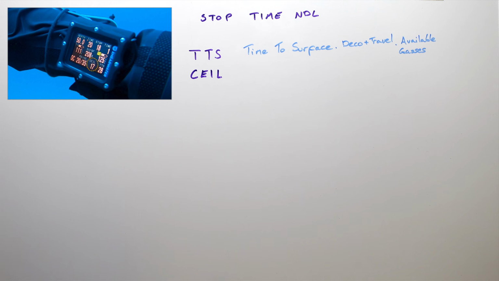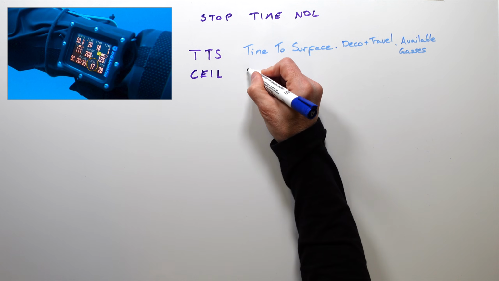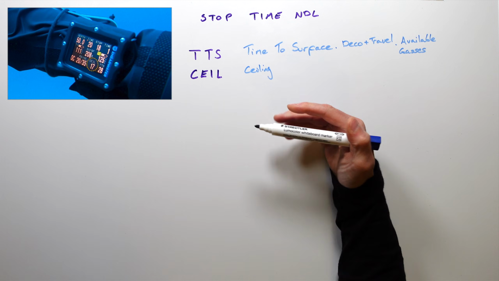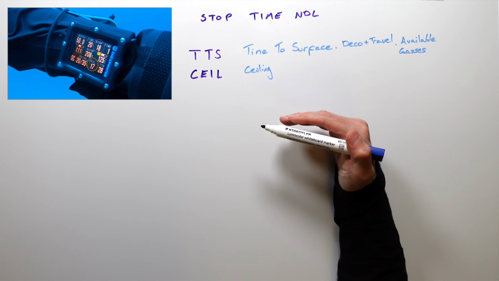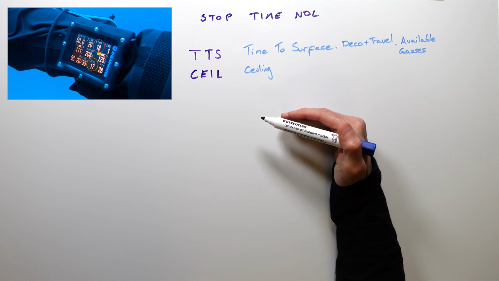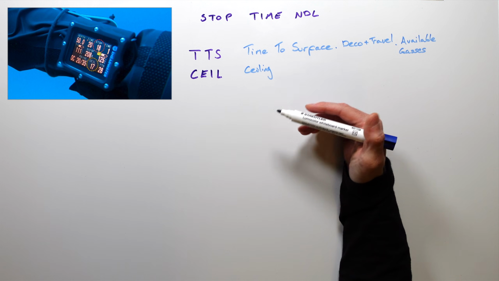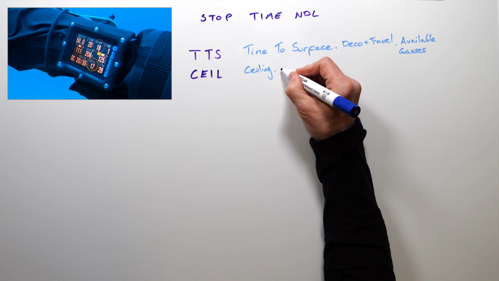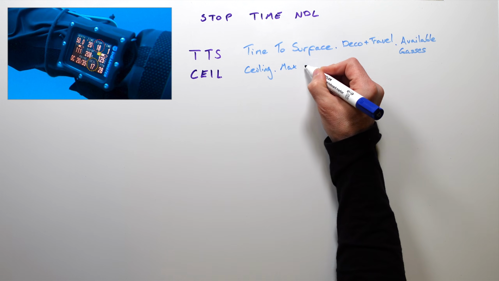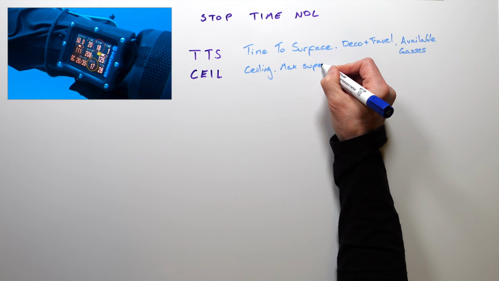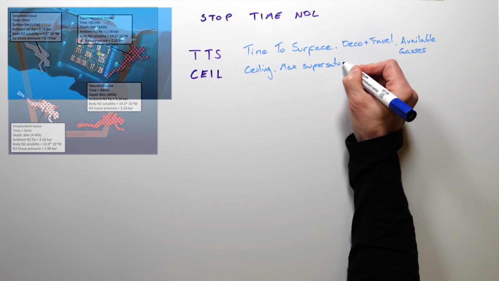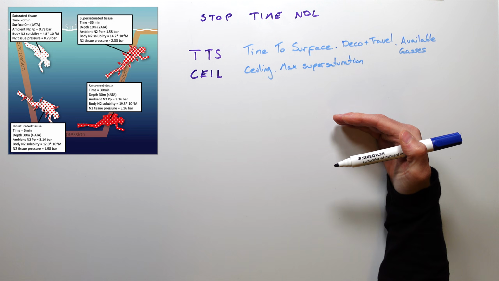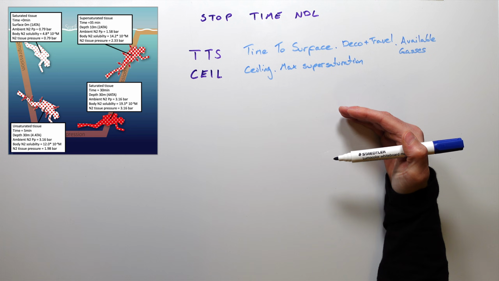by CEIL, which stands for the ceiling. And what that's going to mean is that at your first stop, the ceiling is the same as your first stop. Essentially, when you're at the ceiling, it's when you're at your maximum amount of supersaturation. If you're using gradient factor, well then it's backed off the M value by whatever amount.